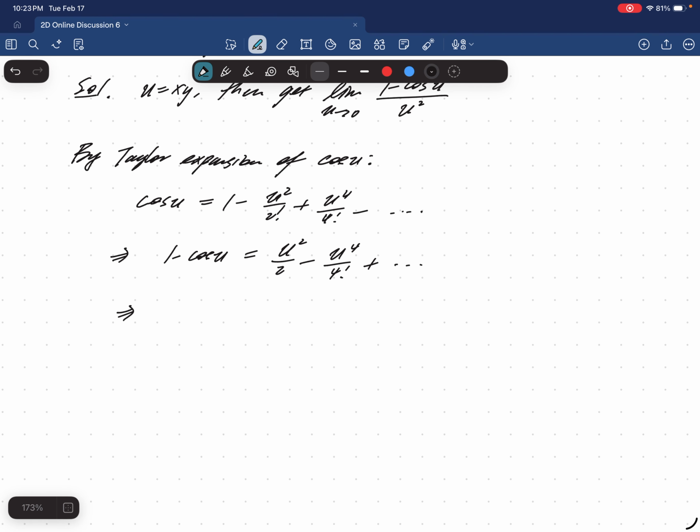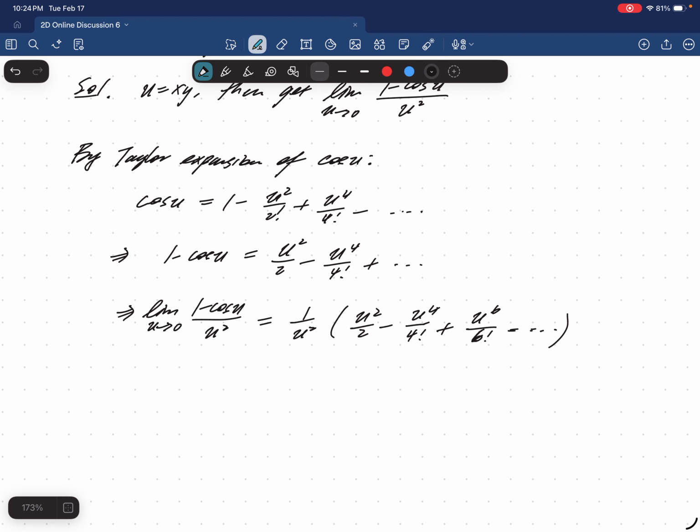And so my limit becomes one over u squared times u squared over 2 minus u to the 4th over 4 factorial plus u to the 6th over 6 factorial minus blah blah blah higher order terms, right?